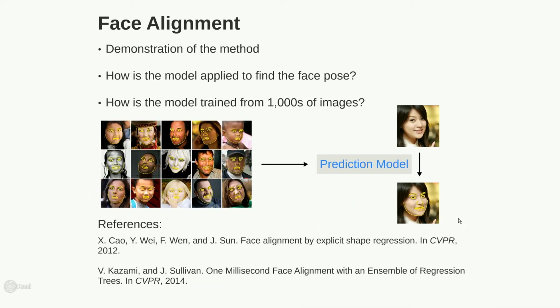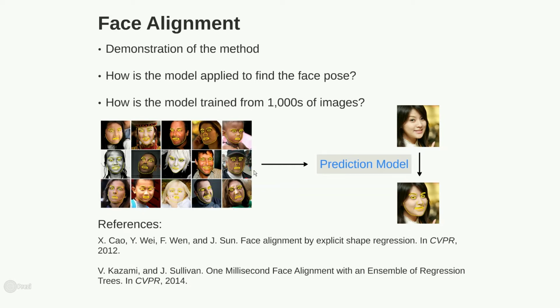Now the common way to do it is using machine learning. Machine learning has two stages: one is training and another is testing. For the training stage, you will use a lot of pre-labeled images. So we have a human face and we label where the landmarks or the shape should be.